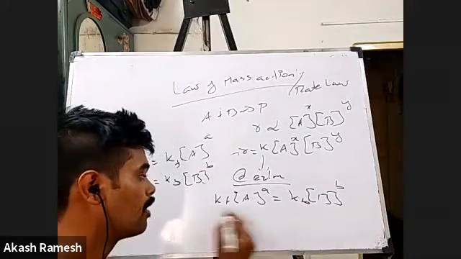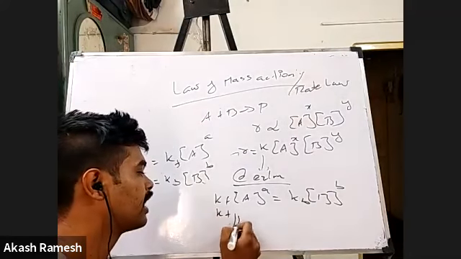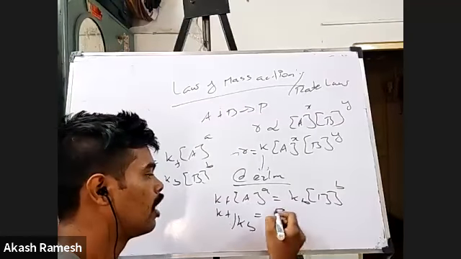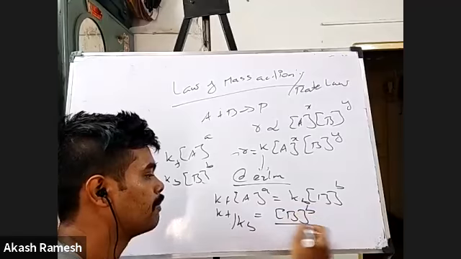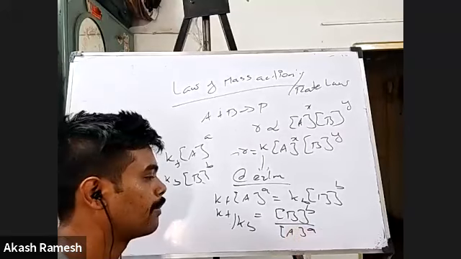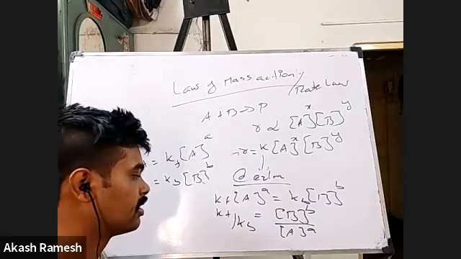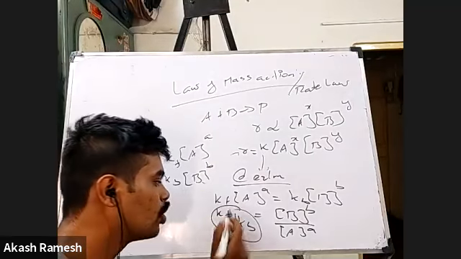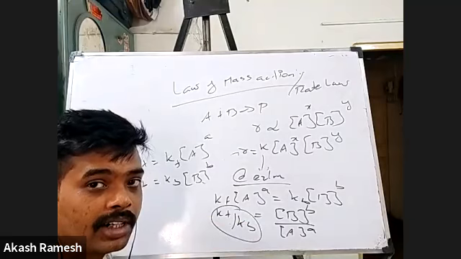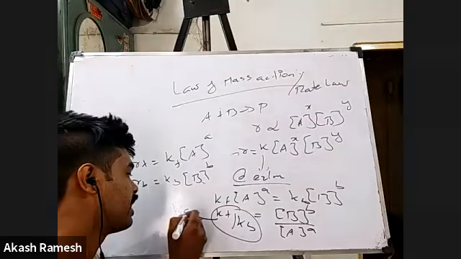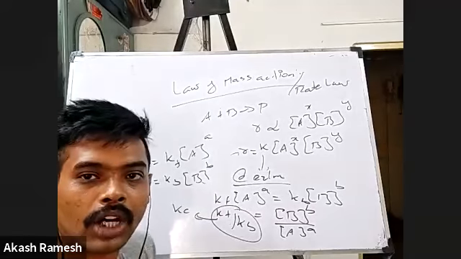Now if I take the ratio of the rate constants, that is Kf by Kb, what do you see here? It will become [B]^b divided by [A]^a. This ratio of the forward rate constant and the backward rate constant is what is my Kc. You have to know this.